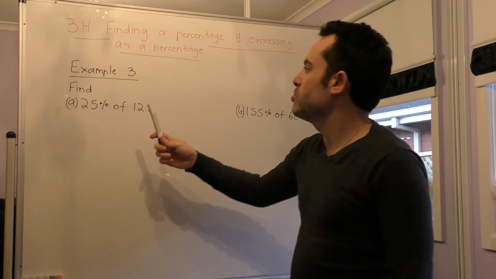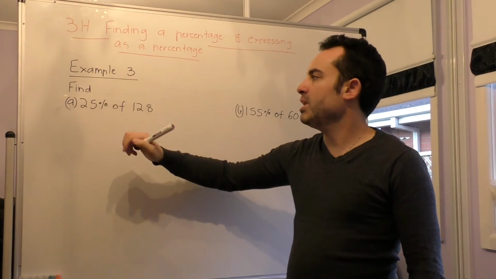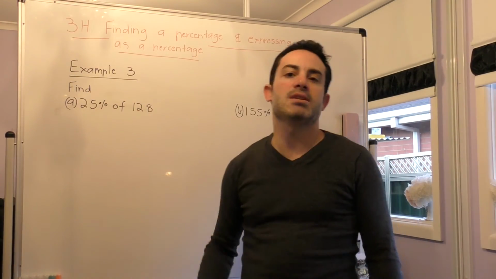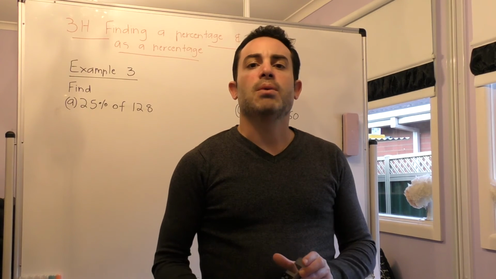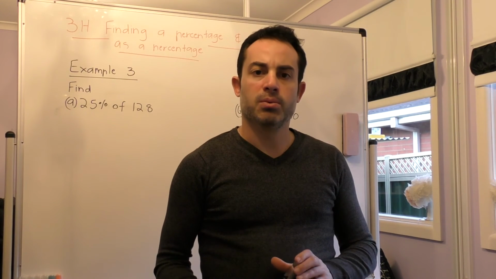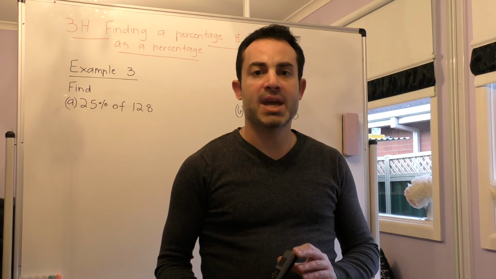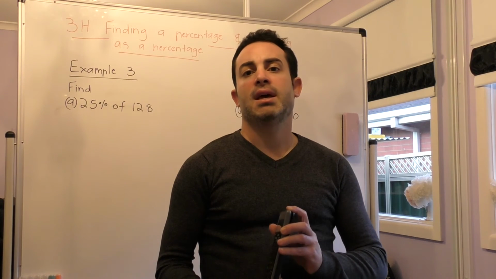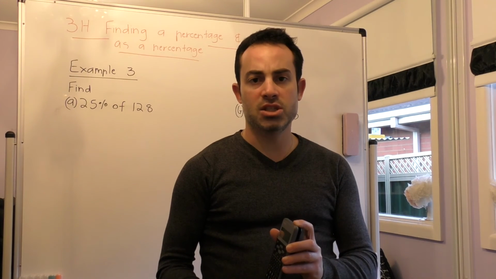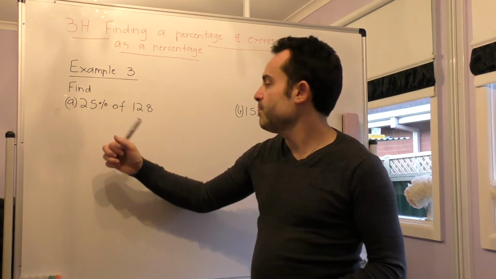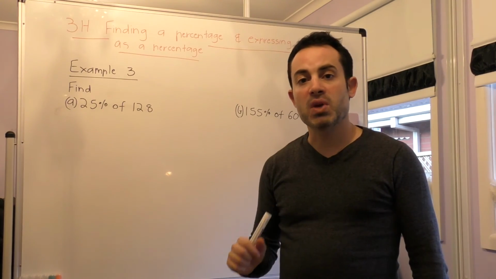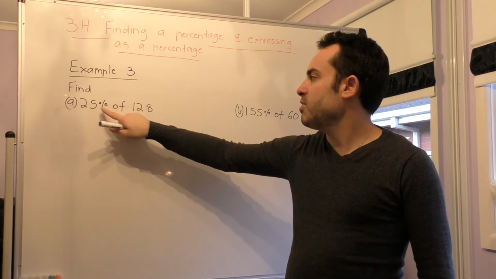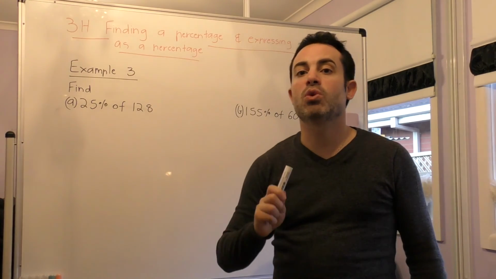Moving on now to example 3. Example 3 says find 25% of 128. In the previous questions, we were given a fraction, or a situation where we had to convert that fraction into a percentage. In this case, we have to find the percentage of a particular number. So when we are asked to find, for example, 25% of 128, what do we need to do?